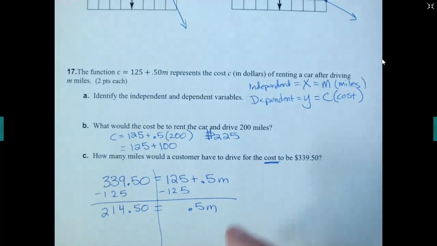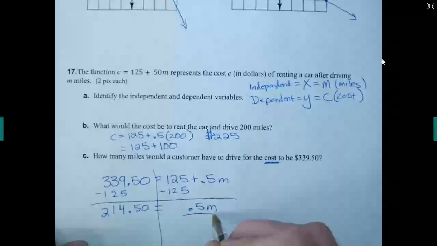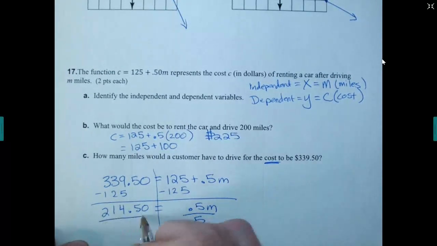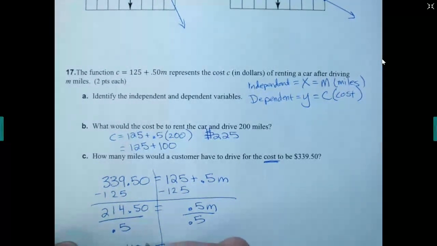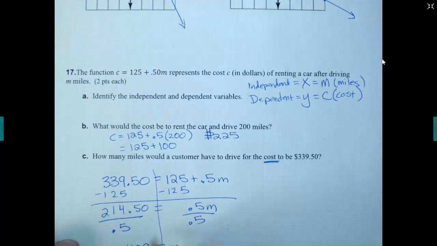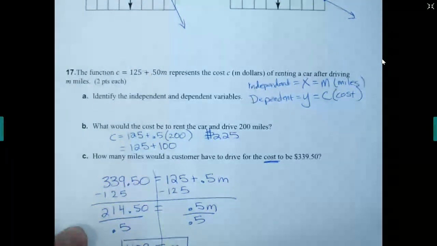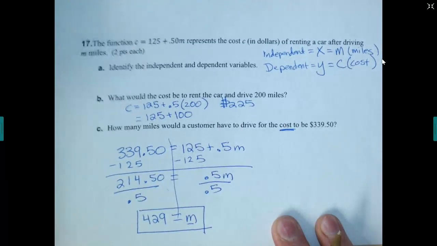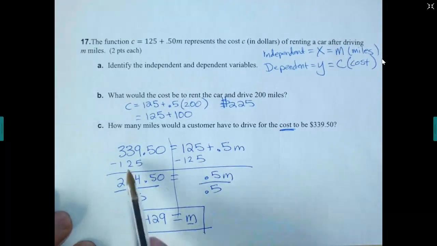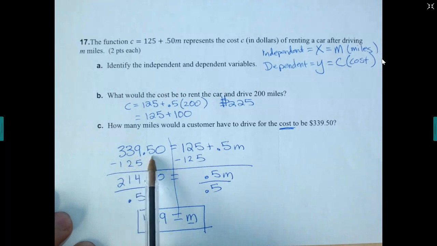Now I divide by 0.5. Divide by 0.5. 214.5 divided by 0.5 gives me 429 miles. So I'd have to drive 429 miles for my total cost to be $339.50.